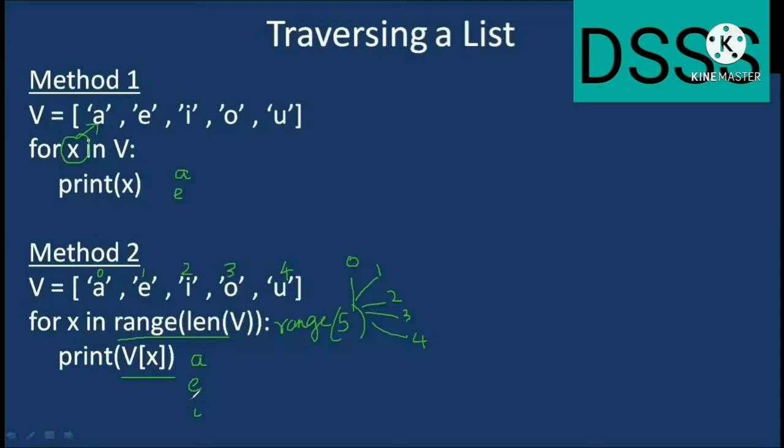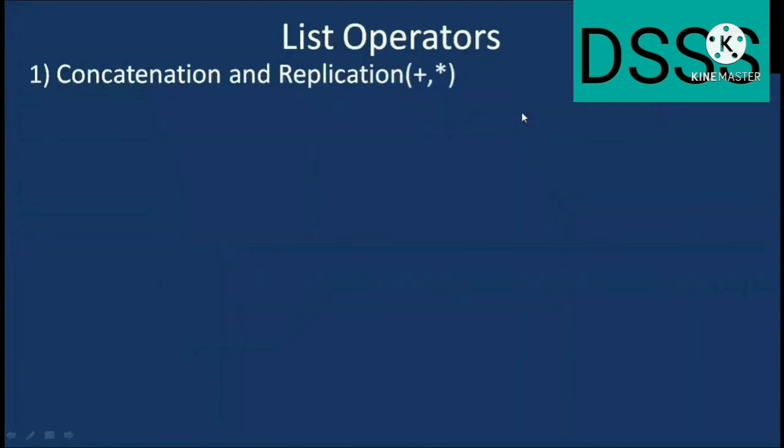Accessing through the list directly becomes easy when you just have to access those elements and want to know those elements. But a list, remember, allows you to manipulate and modify the data. In that scenario I will make use of the second method, because there I need to know the location of a so I can modify it, or e, or whatever.